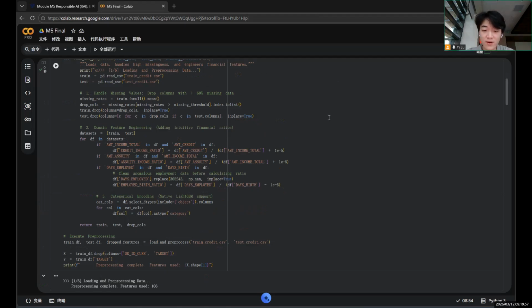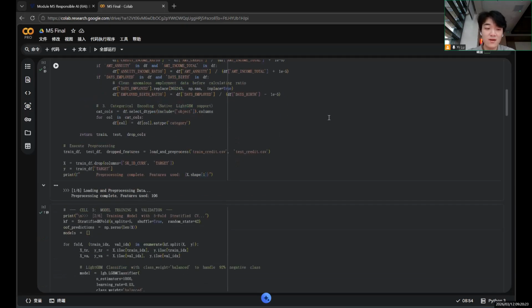Before we evaluate fairness, we must ensure our foundational model is technically sound and robust. The home credit dataset presents a massive challenge: extreme class imbalance, where approximately 92% of the applicants belong to the non-default class, meaning they successfully repaid their loans.